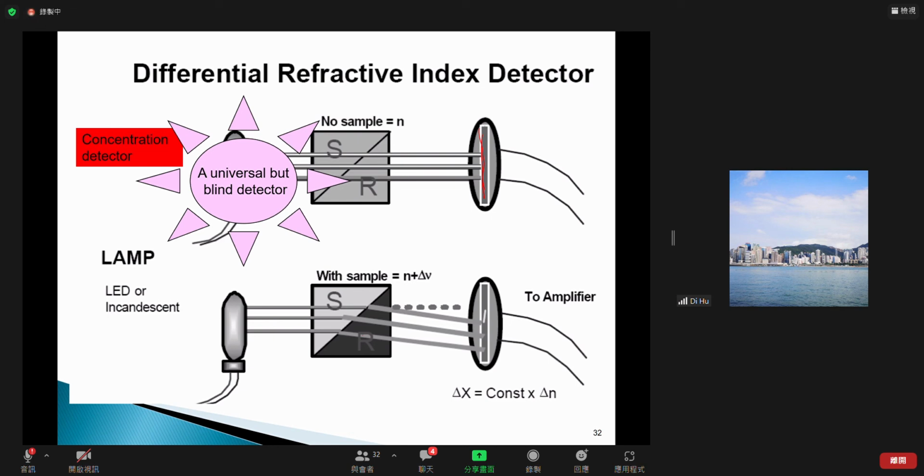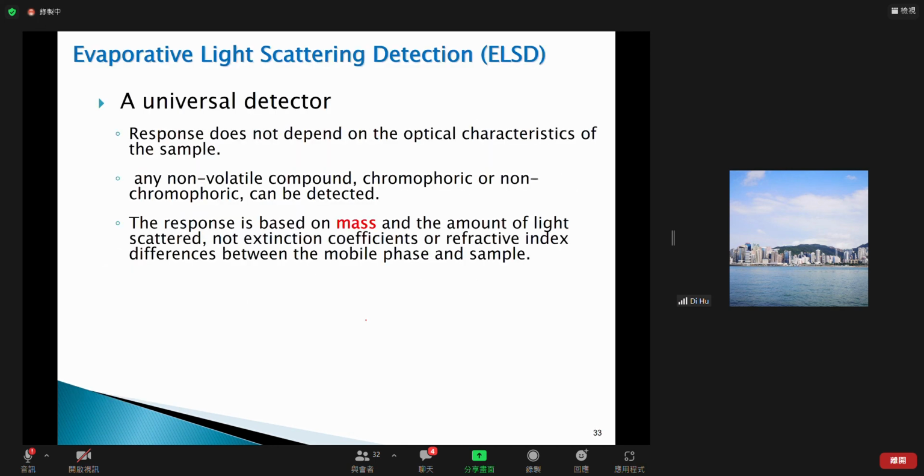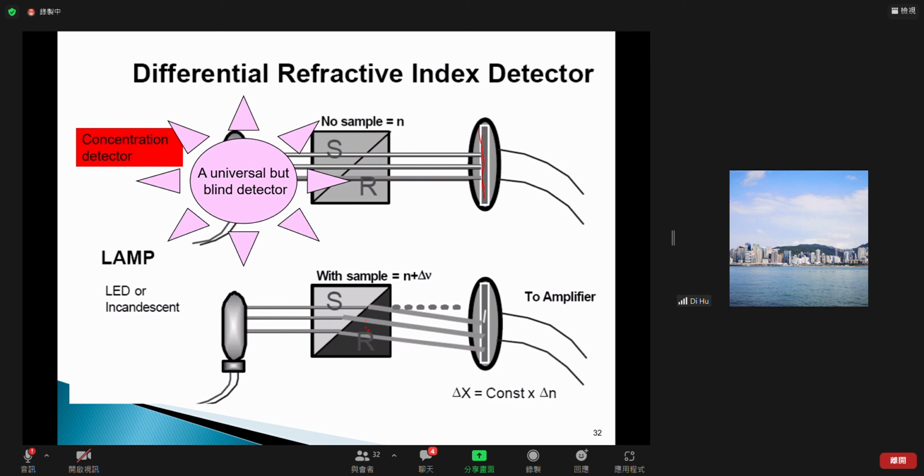If there's some sample in the cell, the refractive index changes, and the light beam after passing through the sample cell will be bent. When it shoots on this photosensitive surface, you will see a shift in distance from the original spot, this distance x.